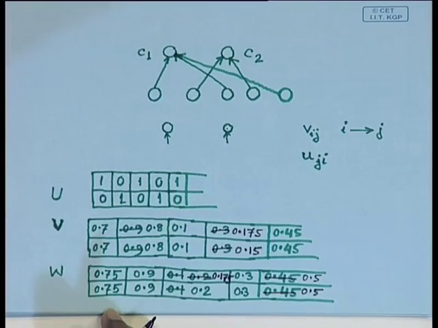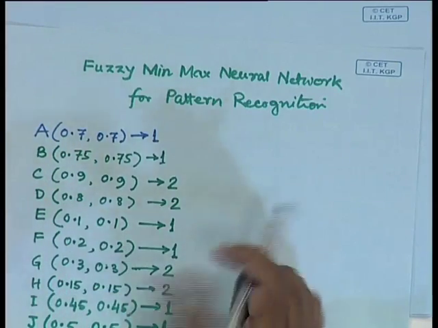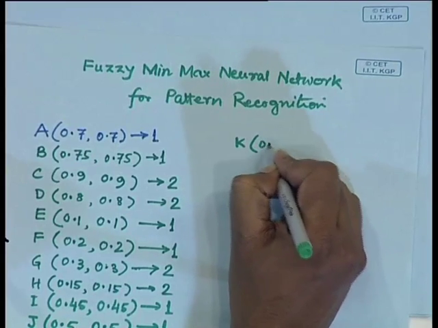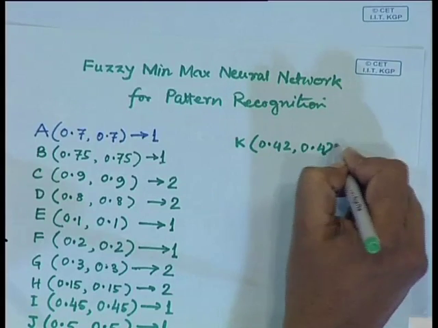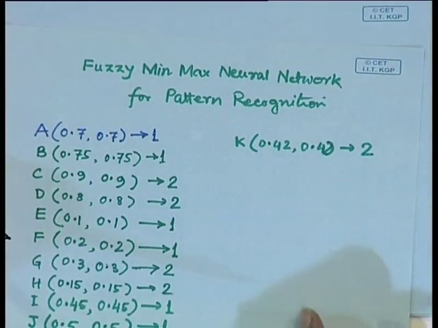Then let us consider the next point. The next point is K. The feature vector is 0.42, 0.42, and this belongs to class 2. Okay.